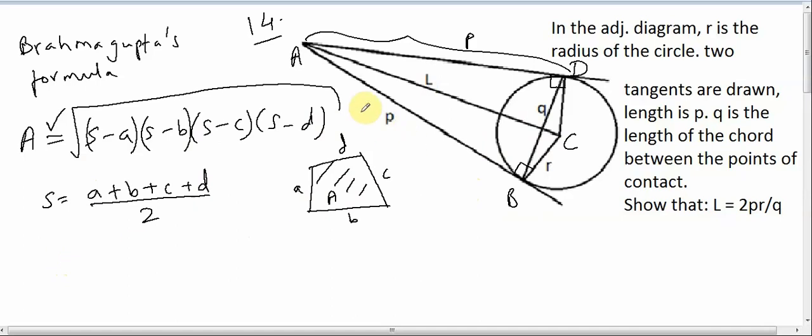So here we see the side length is P, R, this is also R because it is the radius of the circle, and this is also P. Tangents drawn from a common point are equal in length.